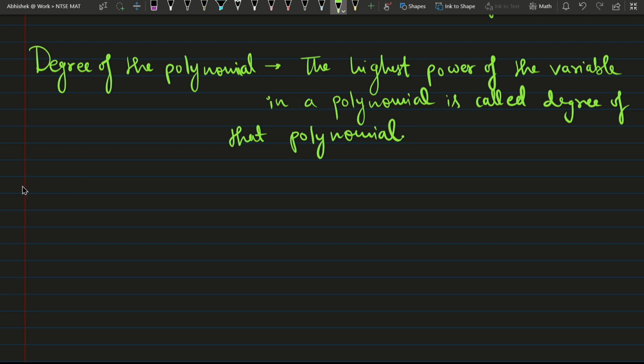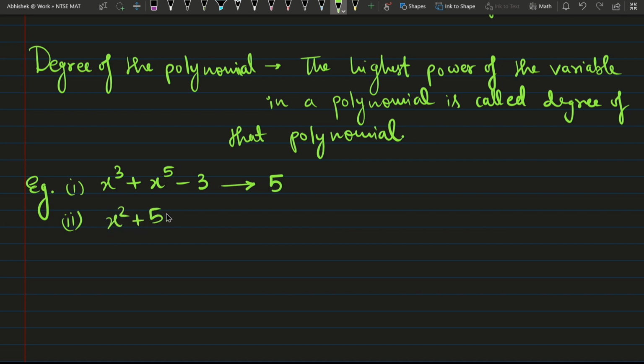Okay, so I'm going to give you some examples. Suppose the first equation is x^3 plus x^5 minus 3. So the degree of this entire equation is 5. Why? Because the highest power in this equation is 5. Now the next one is x^2 plus 5x plus 6.